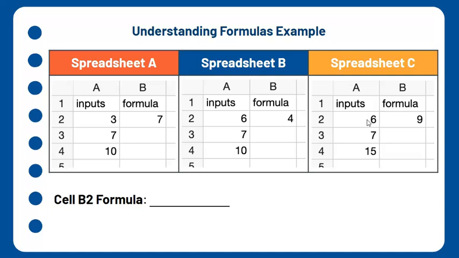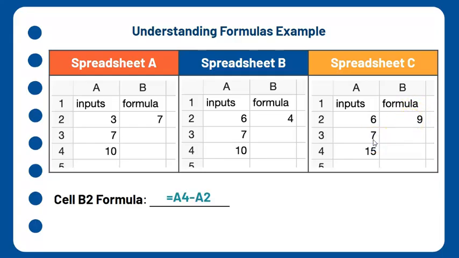To make sure we have the right formula, we can change another number. In spreadsheet C, cell A2 is still 6, and cell A4 changed from 10 to 15. This changed cell B2, as we expected based on our theory about the formula. Using our formula, it would be 15 minus 6, which is 9, as we can see in cell B2.